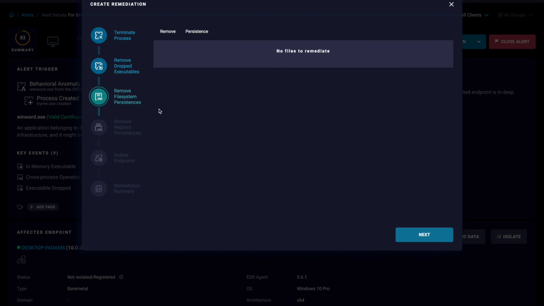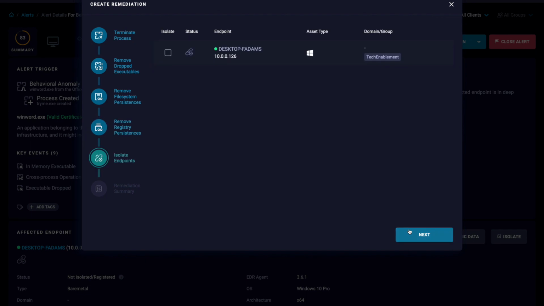If there was any file system persistencies that we would want to rid of, if there's any registry persistencies that we wanted to remove, as well as, the whole objective in EDR solution is to be able to isolate endpoints at a snap of your fingertips, given that it is infected, or you want to, for some reason, isolate an endpoint for other reasons, but still gain control to the endpoint from the back end, from the Hive. So you can go ahead and do that here.